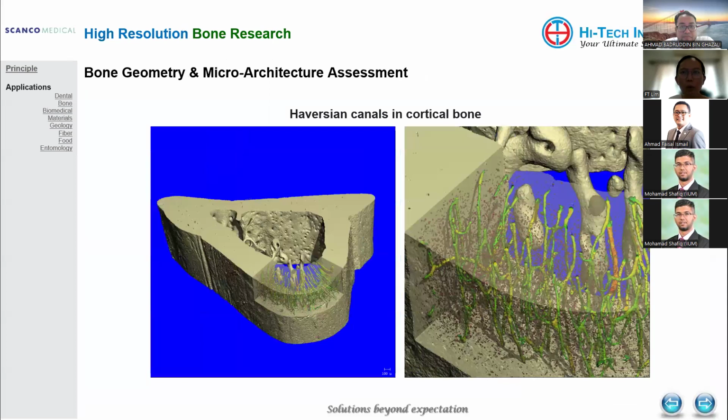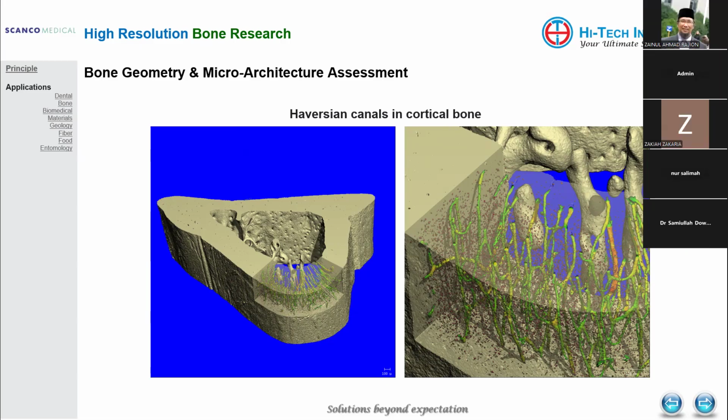The main thing here is, as long as you have a micro-CT that sufficiently resolves the thickness of the Haversian canals and the Volkmann's canals, for the software part, you can easily request the software to do it. If you can see here, there are red dots, which are the cells, and this one is the canals.